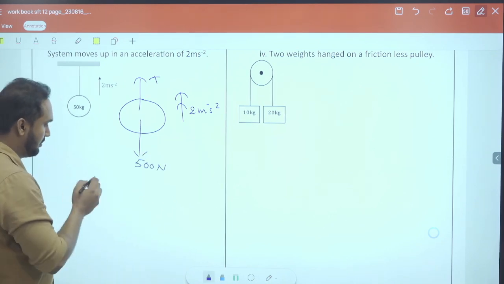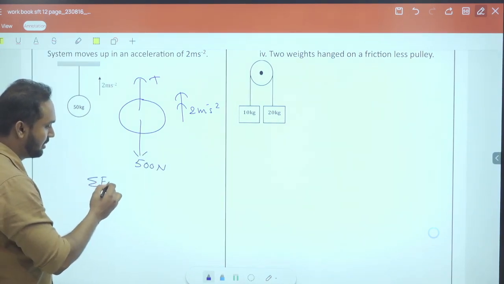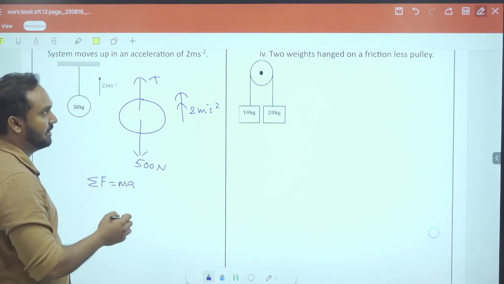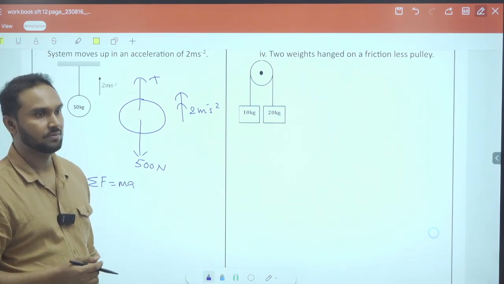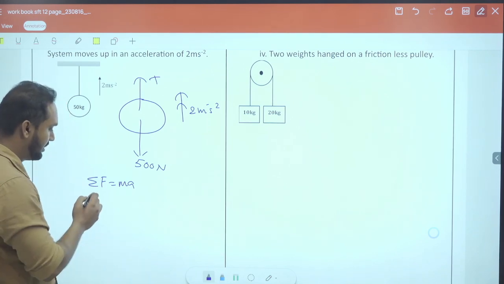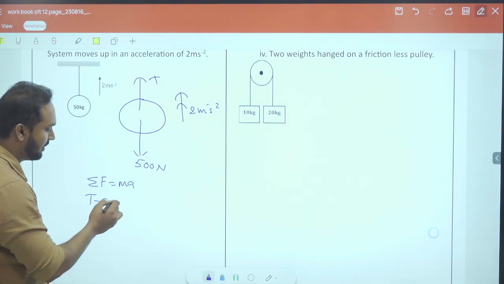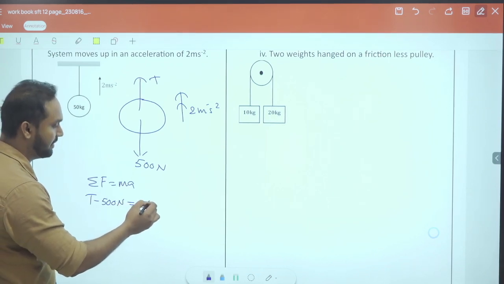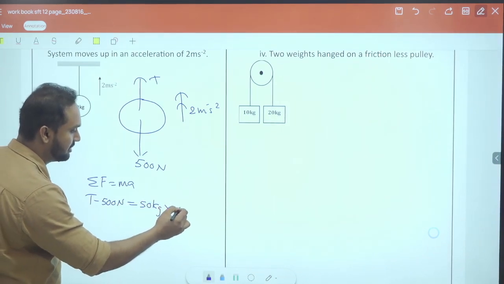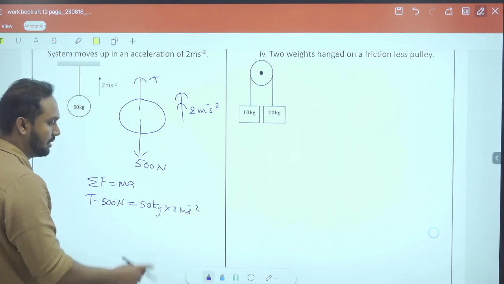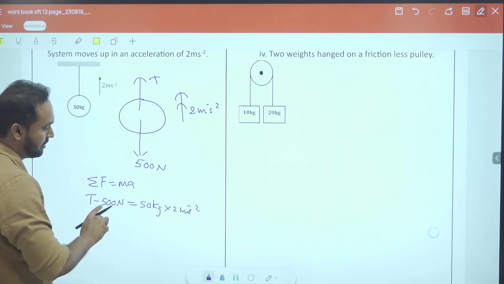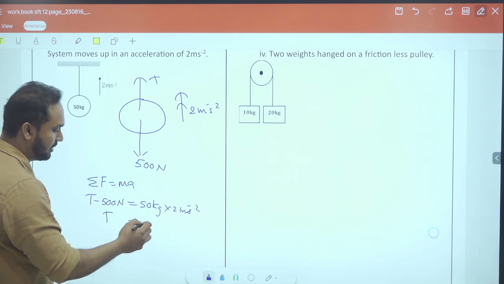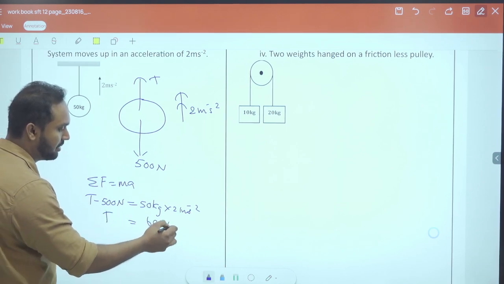So put sigma F equals ma to the isolated object. Now which force is greater, T or 500? T is greater, so T minus 500 newtons equals mass, 50 kilograms, times the acceleration, 2 ms^-2. So it's 100. You take the minus 500 that way, it becomes plus 500. Adding together becomes 600 newtons of tension.